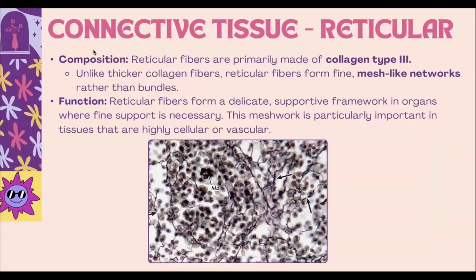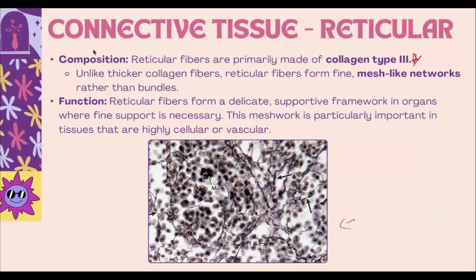Then we come into the other types of connective tissue. So you have reticular tissue and elastic. Starting off with reticular, remember we mentioned collagen type 3. Very, very important. Again, just knowing this link is important. You need to have a special stain to see reticular fibers. This is actually a silver stain, and it makes it look black.